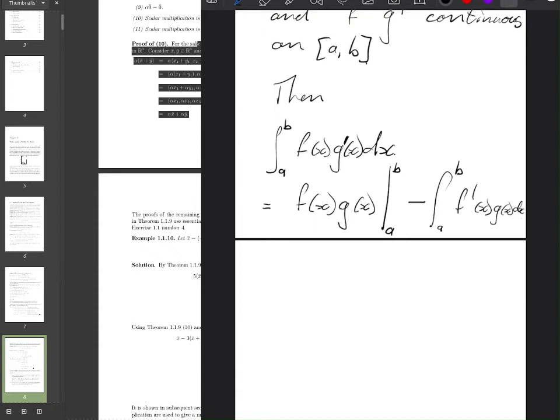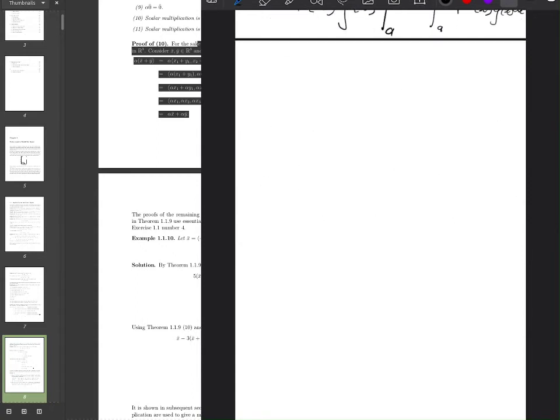Okay, but before we look at an example, let's just think about where this equation comes from. This is the product rule combined with the fundamental theorem of calculus. So let us prove this formula.